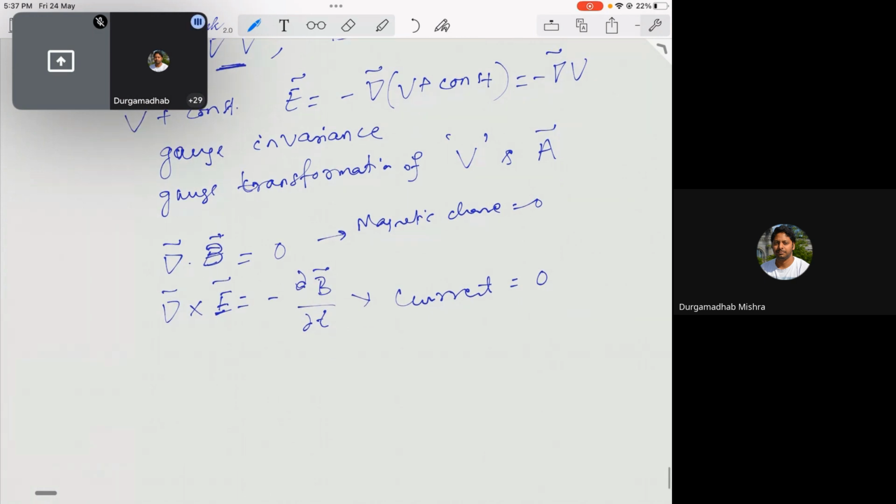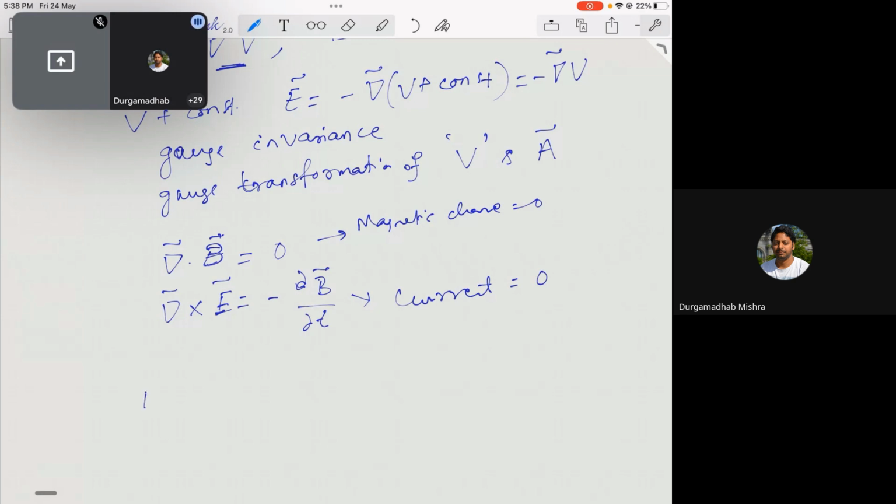And we will use some vector identities now so that we can express Maxwell's equations in terms of the vector and scalar potentials.